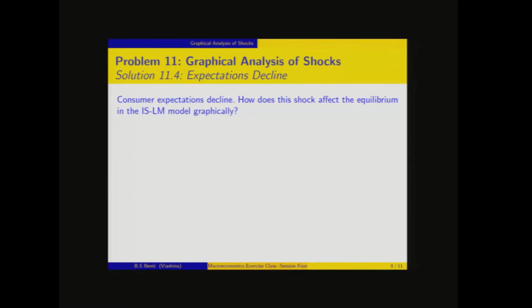The fourth exercise is: consumer expectations decline. How does this shock affect the equilibrium in the IS-LM model graphically? Here again, we would use our graph, which is already developed.